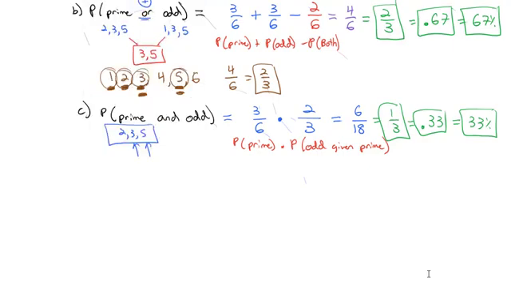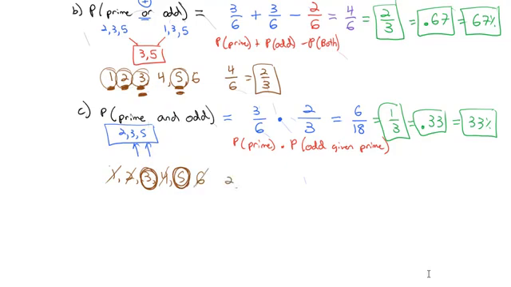Again, though, we could have used our definition instead of the formulas. Again, the numbers are 1, 2, 3, 4, 5, 6. And by definition, prime and odd: 1 is not prime, 2 is not odd, 3 is both prime and odd at the same time. 4 is not odd or prime. 5 is both. 6 is not.